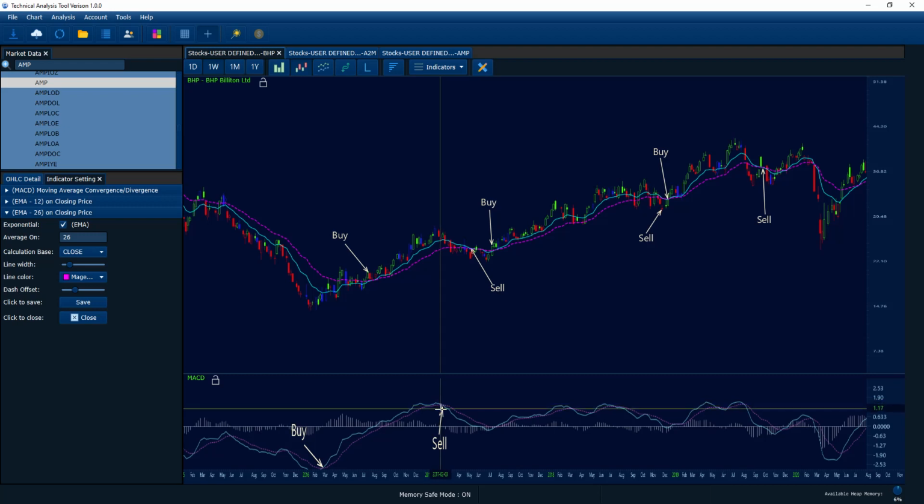Well, yes, you can, but it depends. In here, if you short, you do have some profit, but once again, when the MACD line moves above the signal line again, you buy and cover your short. So it does the same thing.